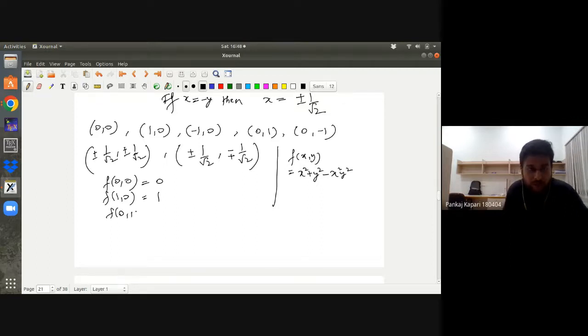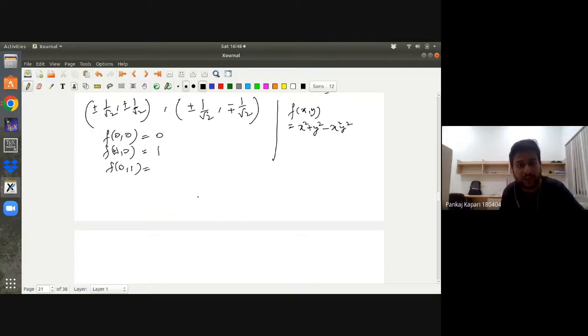What is f of 0, comma 1? Okay, you can put plus minus sign, because we are taking x square, so it doesn't matter either plus 1 or minus 1. What is f of 0, comma plus minus 1? Again it is equal to 1. What is f of plus minus 1 over root 2 and plus minus 1 over root 2?